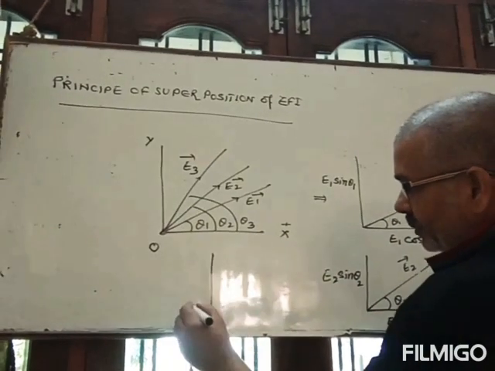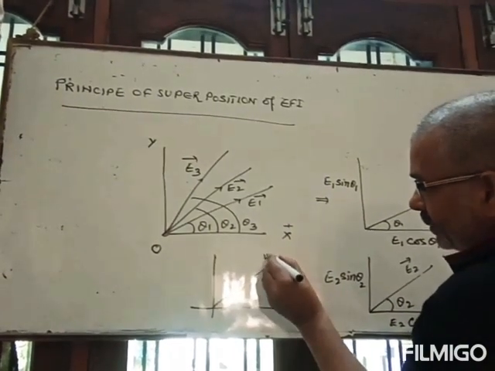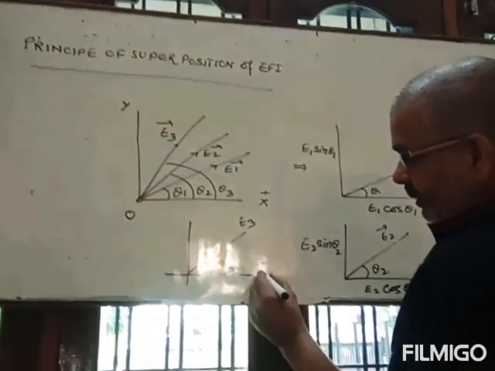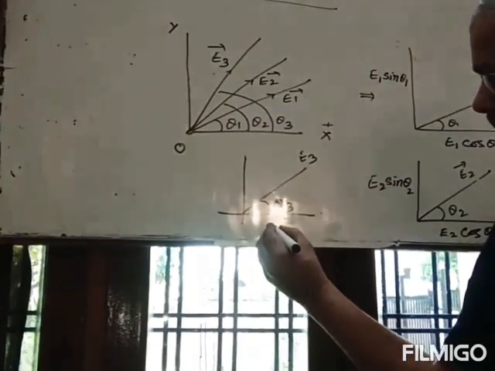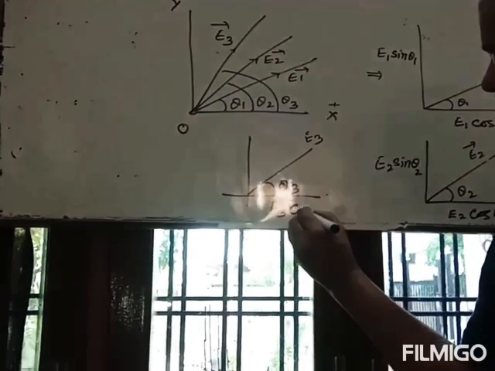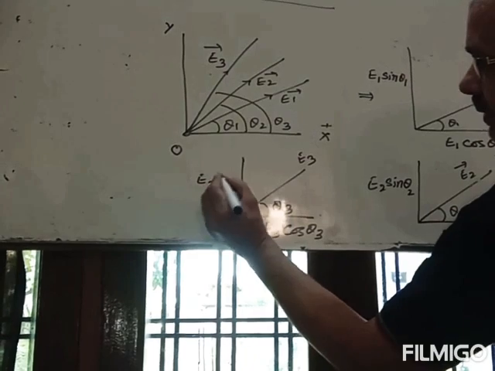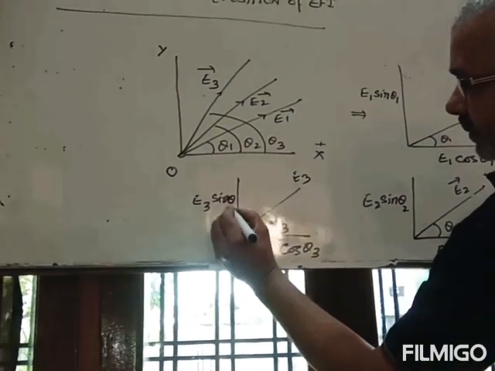Similarly, for the third also, it is E3, makes an angle theta 3 from the x positive axis. So its horizontal component becomes E3 cos theta 3 and E3 sin theta 3.